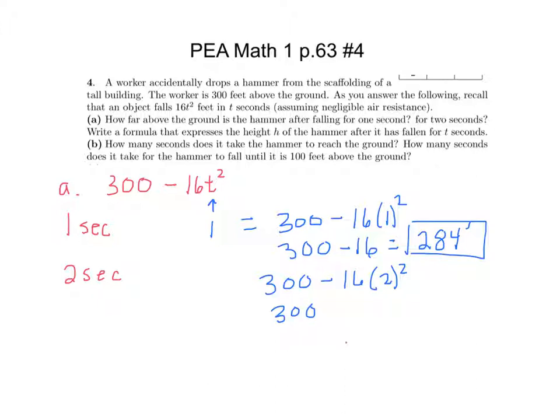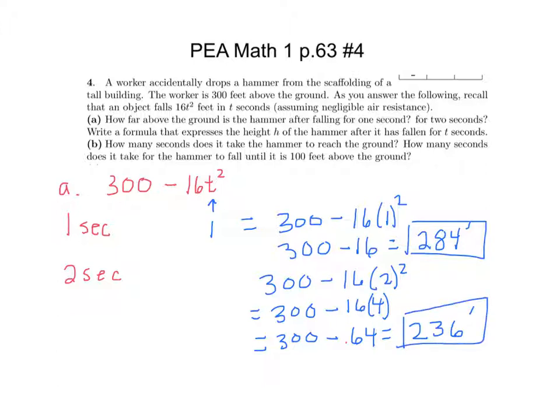So that would be 16 times 4, which equals 64. So 300 minus 64 is 236 feet.